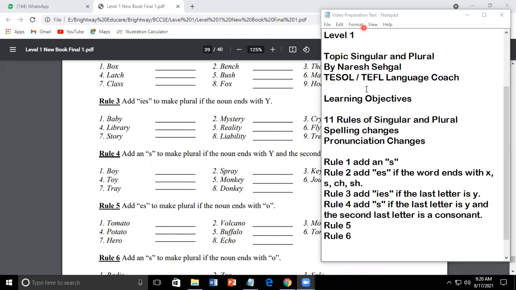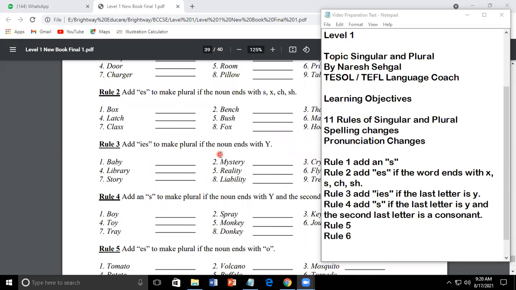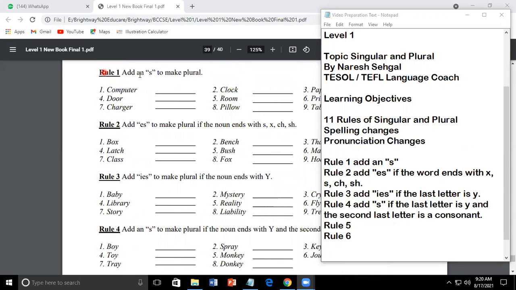So just to have a review, we have completed rule number 1, where we learned that we have to just add an S to make a plural. In rule number 2, we understood that we have to add ES if the word ends with an X or S or CH or SH.